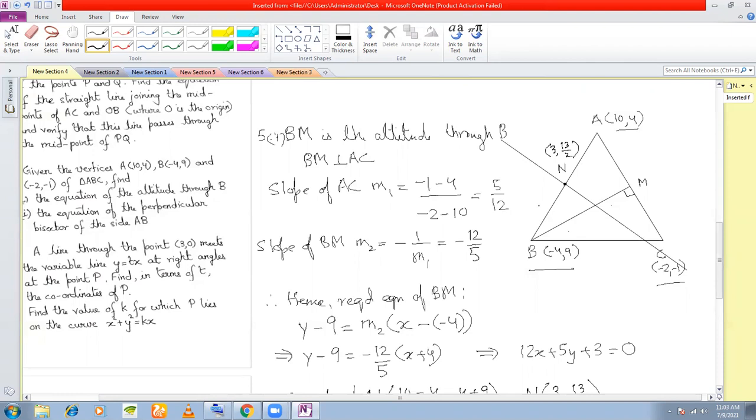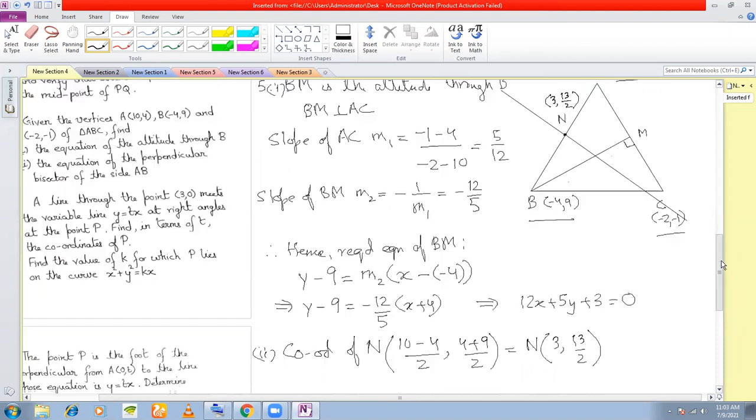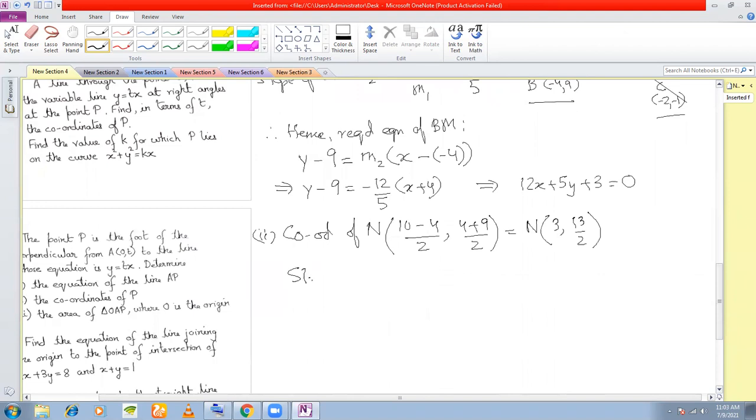Now we shall proceed to find out the slope of the perpendicular bisector. But before that, we want the slope of AB. The slope of AB is (Y2 minus Y1) by (X2 minus X1), which is equal to minus 5 by 14. Right?